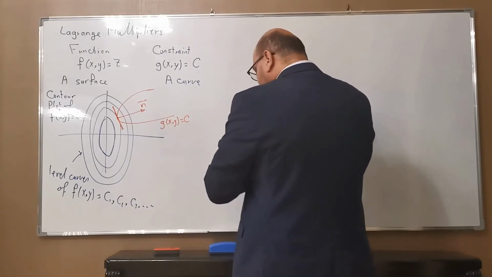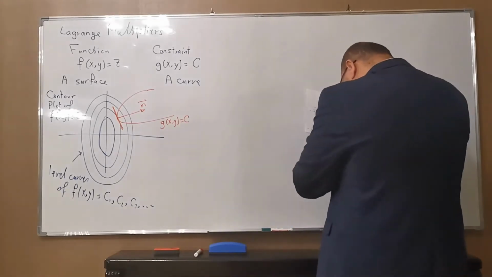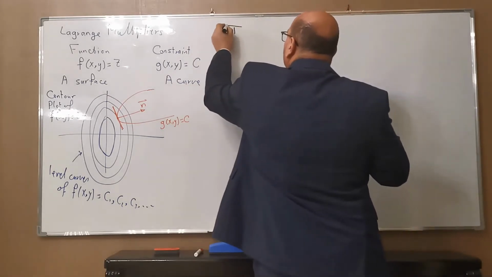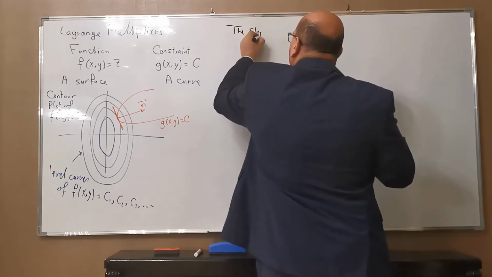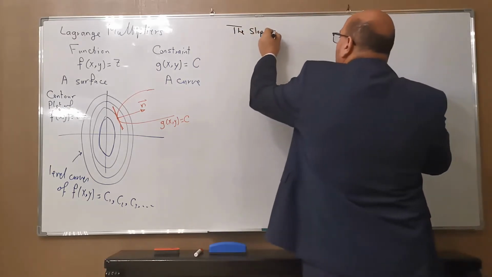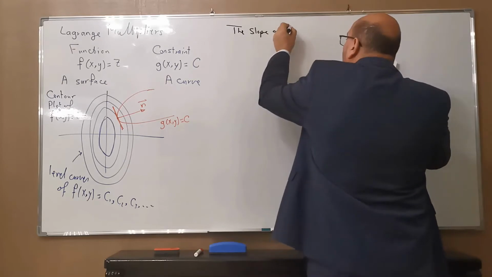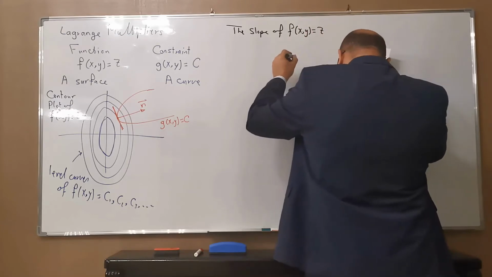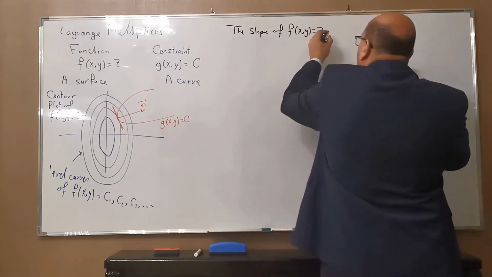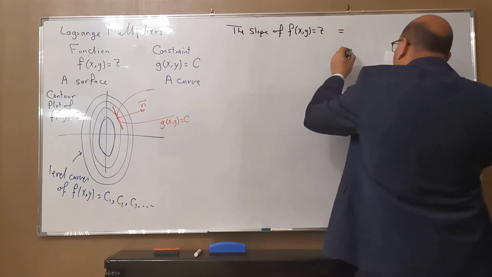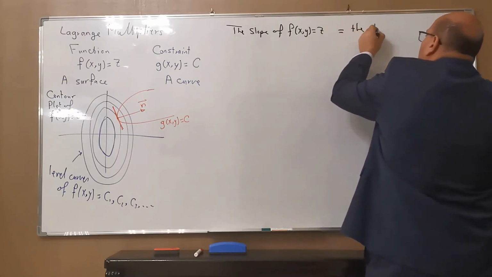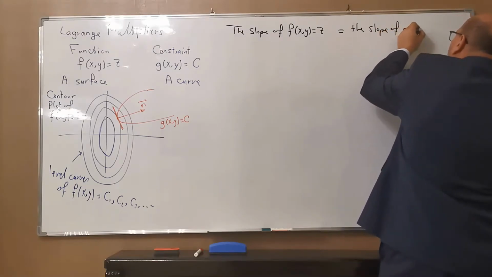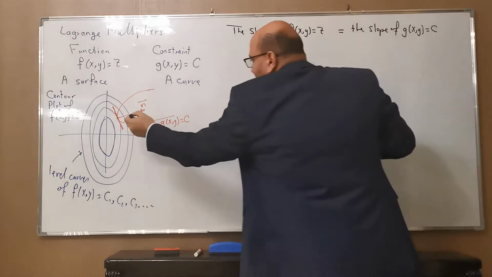So let me just write this down. The slope of f of x, y equals z is equal to the slope of g of x and y equals c at this point here.